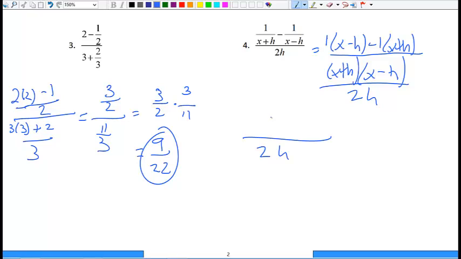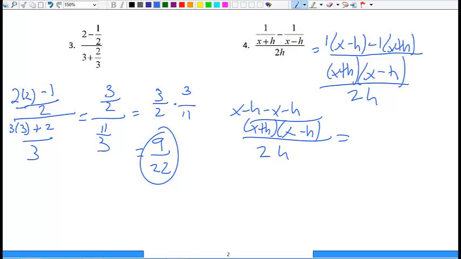Alright, and then let's see, I got x plus h over x minus h over, well, distribute the 1's in, so I get x minus h minus x minus h.